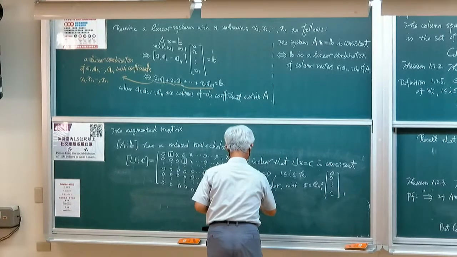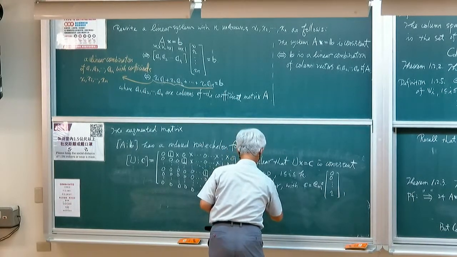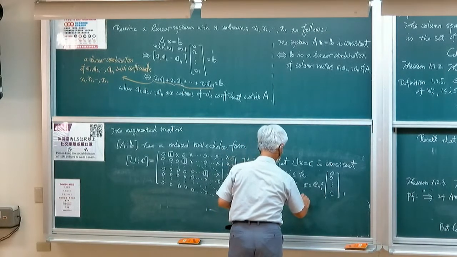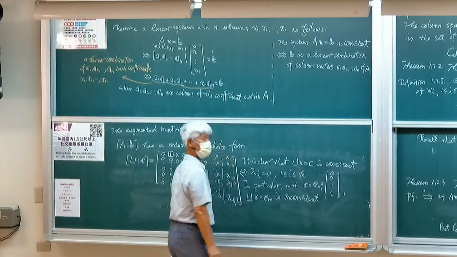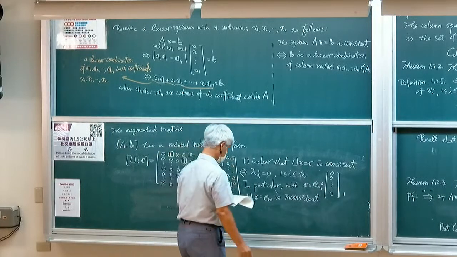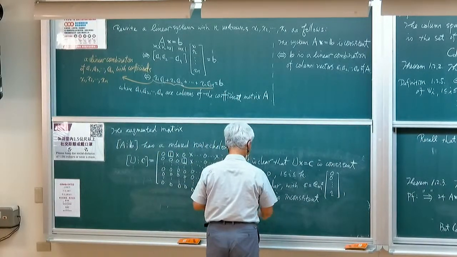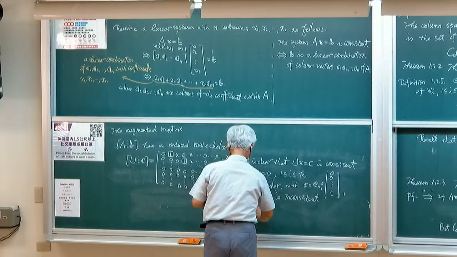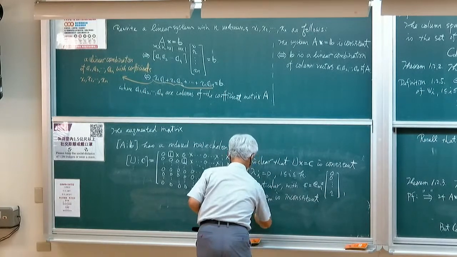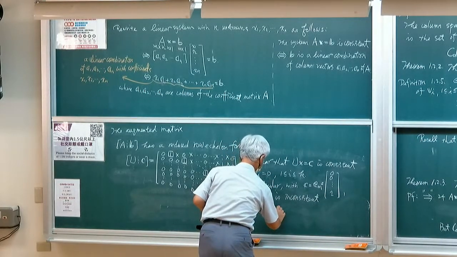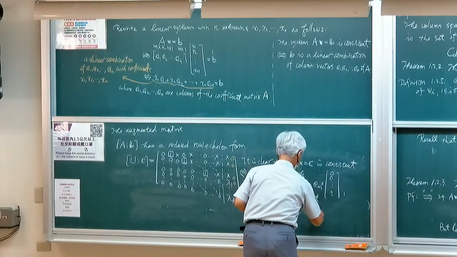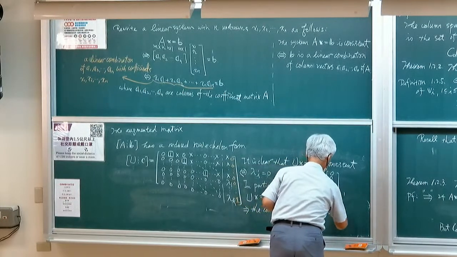then Ux equal to Em is inconsistent. Obviously, it's inconsistent. So the corresponding Ax equal to B is inconsistent.